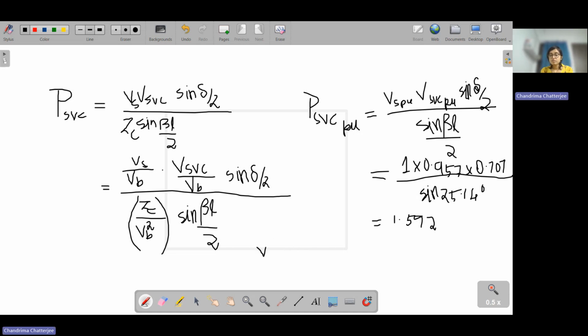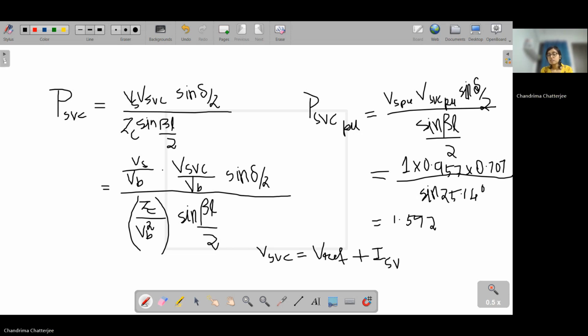So now VSVC will be equal to Vref plus ISVC excess, right?